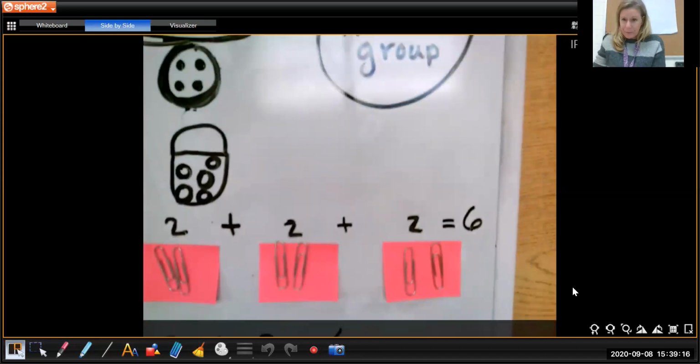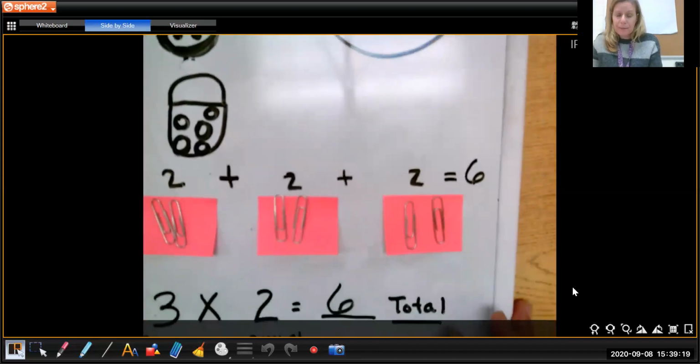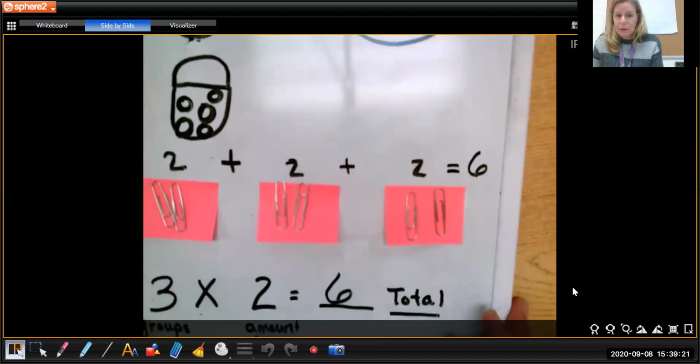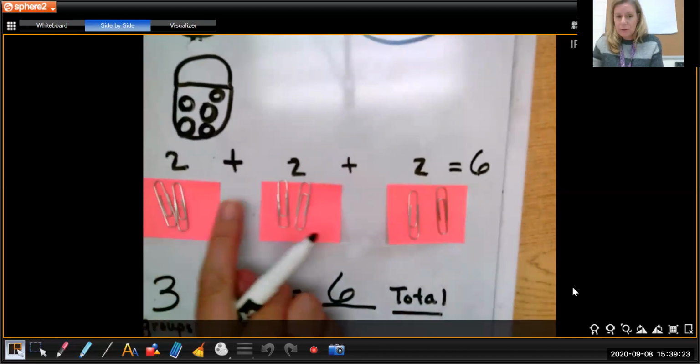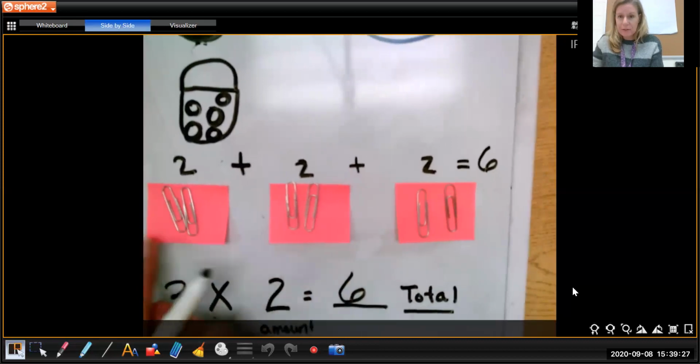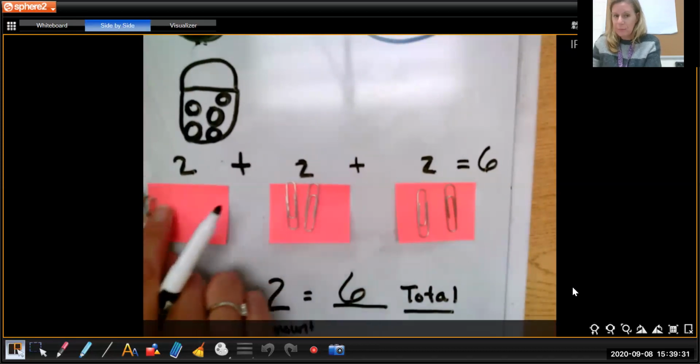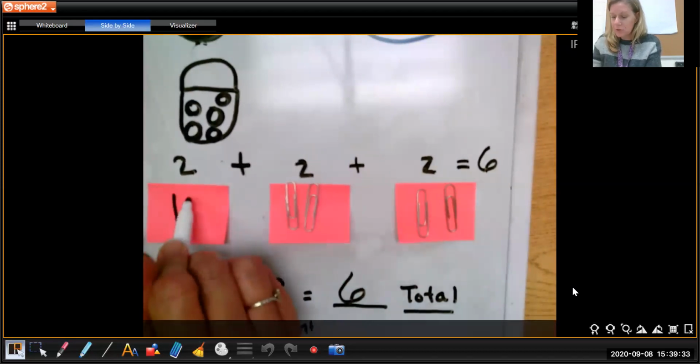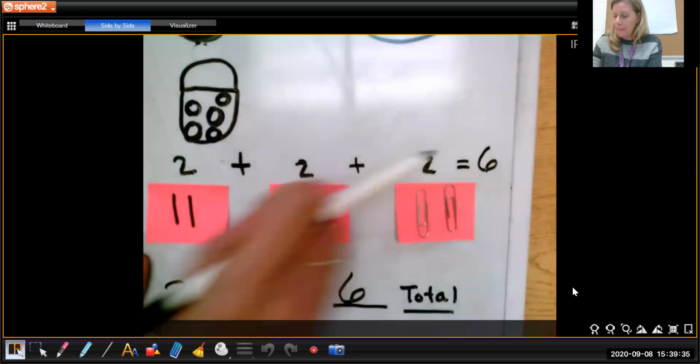So our lesson is short. What I need you to do is to draw out the model. You can draw, instead of having Post-its, you can draw the squares and draw 2 lines. So instead of the paper clips, you could just go like that in your drawing.